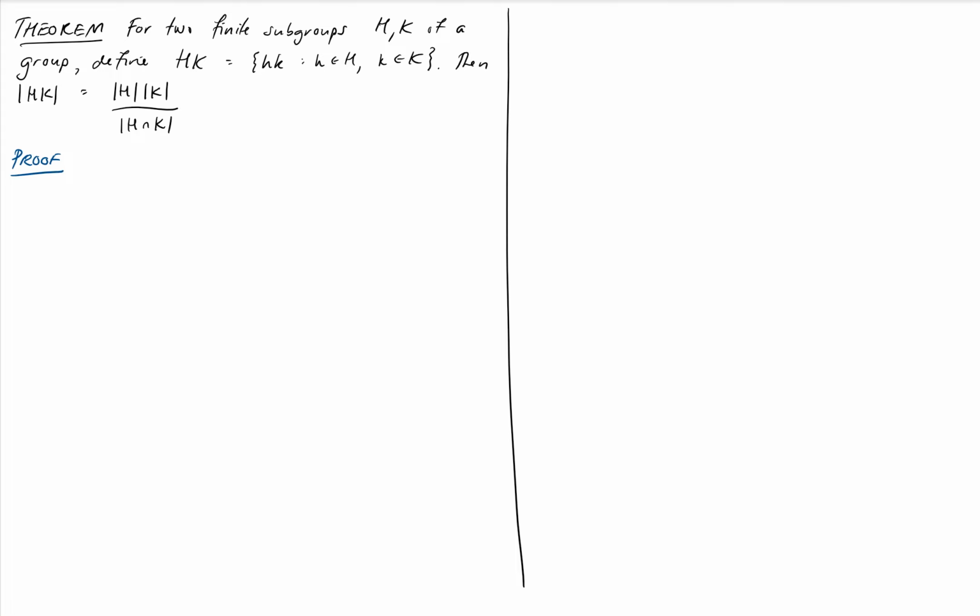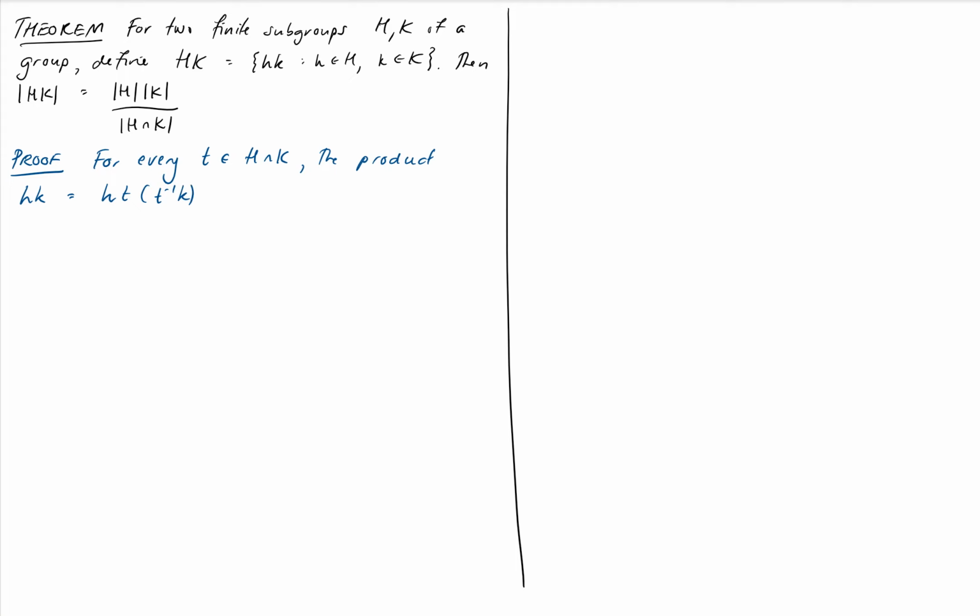Alright, so let's take any t in our intersection. So we're taking a t in the intersection of the two subgroups. Then the product hk is also equal to, because t is in both subgroups, I can write that as h t inverse times t k.